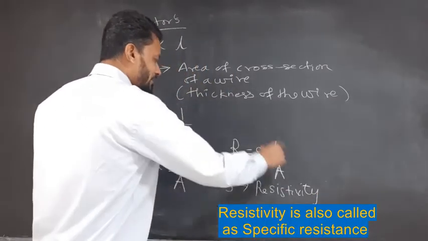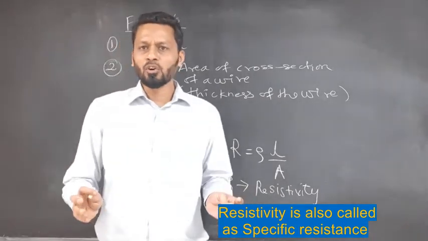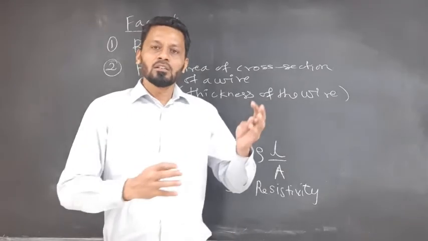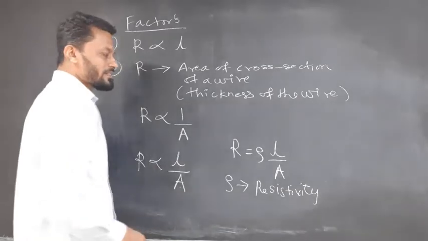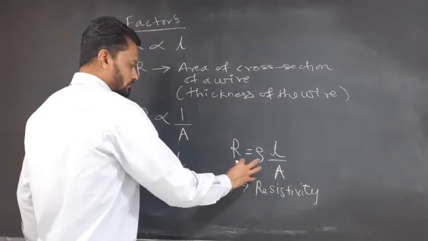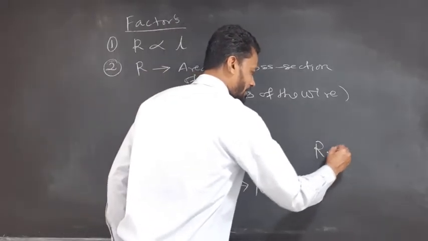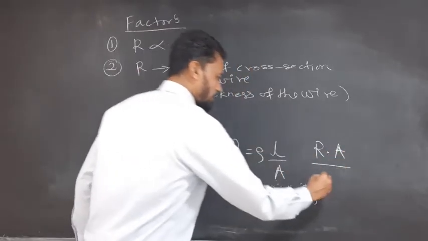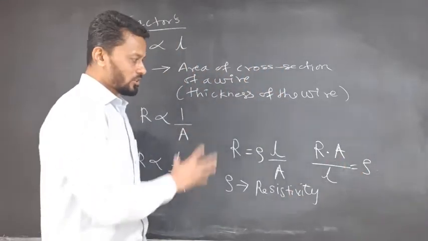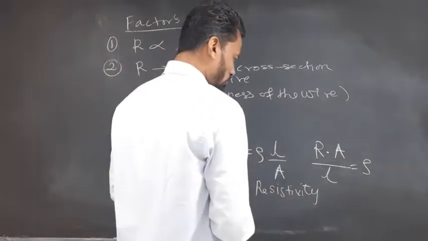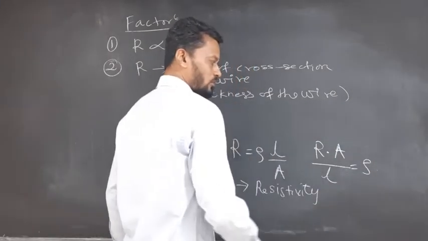Now looking at this particular formula, whenever you know any given formula, you can easily calculate and find their SI unit or MKS or CGS unit. So if I make rho the subject of the formula, how do we get this? It's R into A upon L equals rho, resistivity. Now let's substitute all the units we know, and we come up to the SI unit for rho.